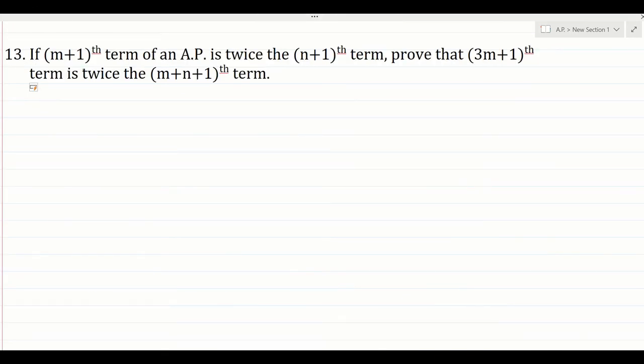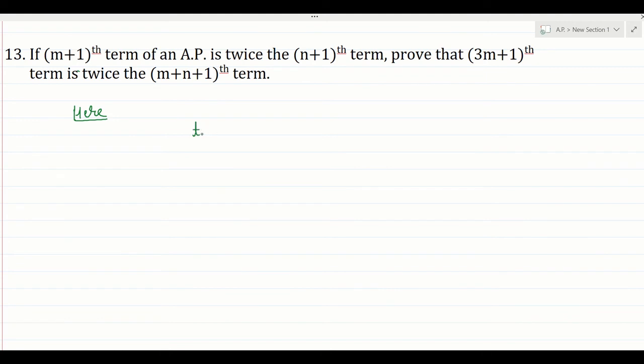Question number 13. If m plus 1th term of an AP is twice the n plus 1th term, prove that 3m plus 1th term is twice the m plus n plus 1th term. So here again you will suppose let A be the first term and D be the common difference. After supposing that, question has given m plus 1th term.